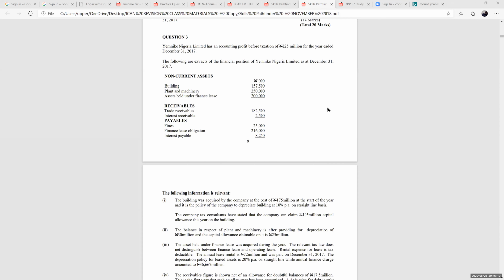Yemike Nigeria Limited has an accounting profit before taxation of 225 million for the year ended 31st December 2017. The following are extracts of the financial position of Yemike Nigeria Limited as of December 31, 2017. Non-current assets: building 157,500,000; plant and machinery; assets held for sale.